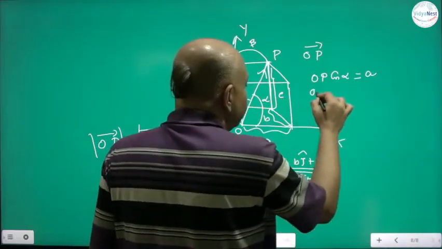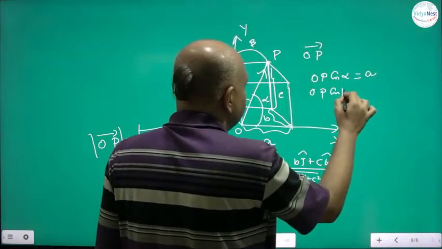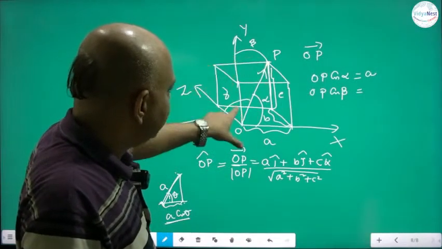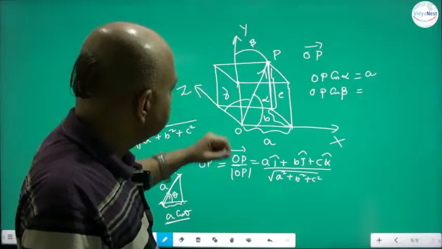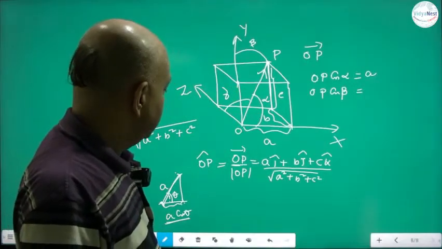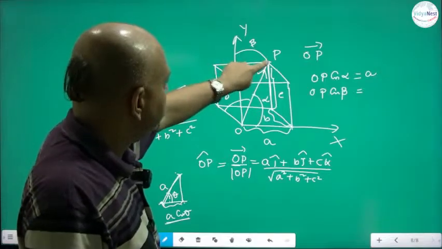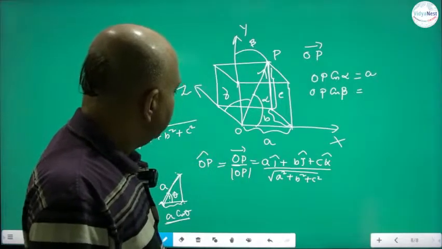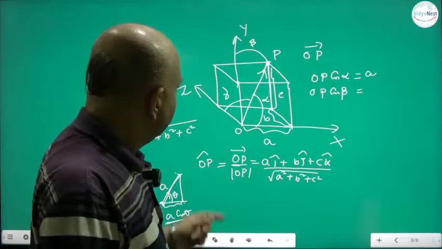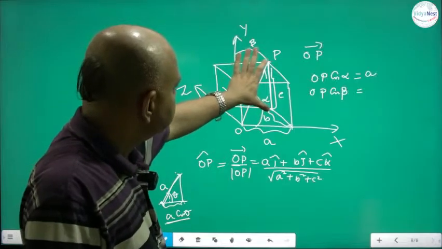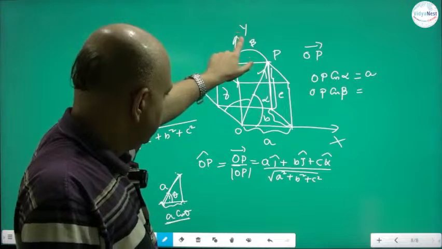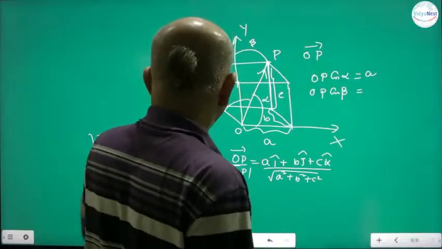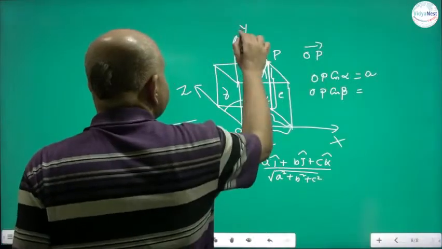Similarly, OP cos beta is the component of OP along the y-axis. Actually, sorry, this will be z.